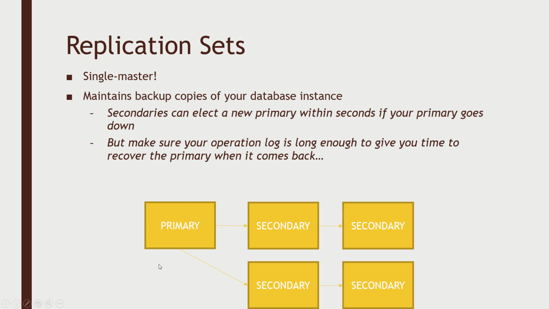In this diagram here, we might have a primary MongoDB server that your application talks to. And maybe we have a couple of secondary backup nodes in one data center and a couple of secondary backup nodes in some other data center. MongoDB will automatically replicate those operations to those secondaries so that in the event that the primary goes down, one of these secondaries can take its place.